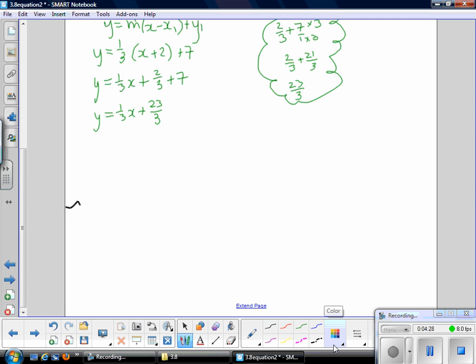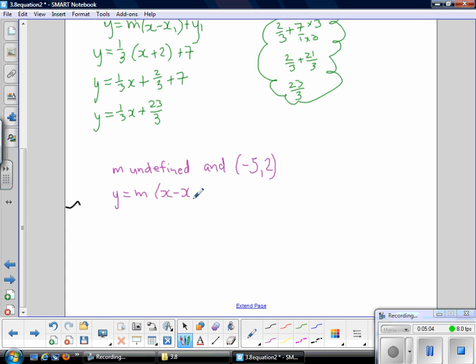What if they tell me that my slope is undefined, and the point is, let's say, -5, 2. So I can't really use this formula for that because how do I put undefined in for my m? It just doesn't work.